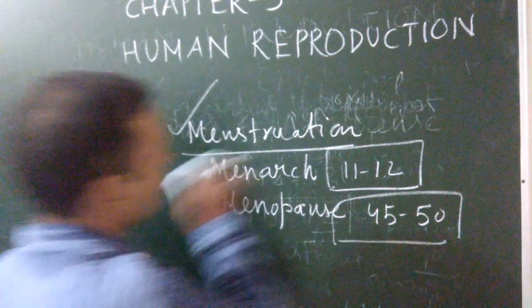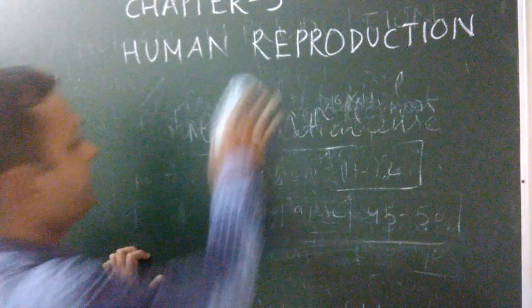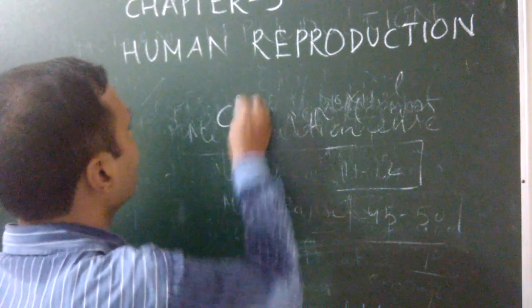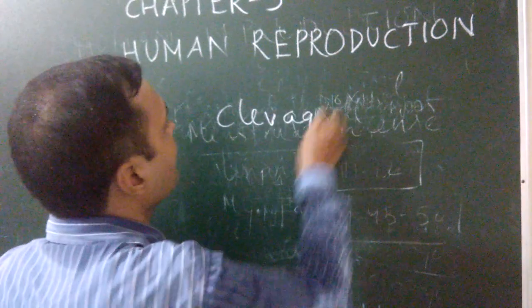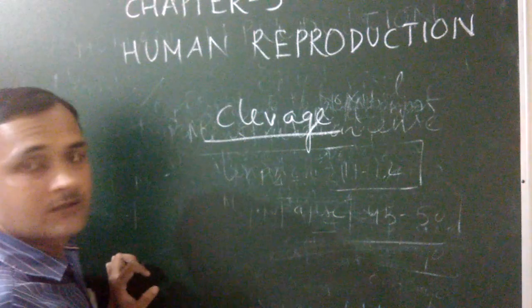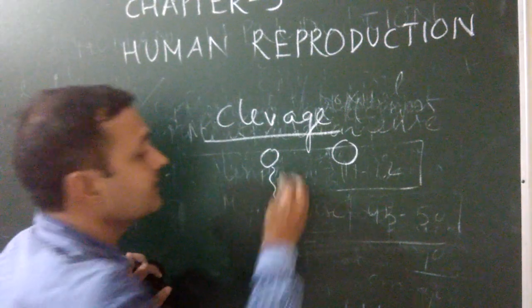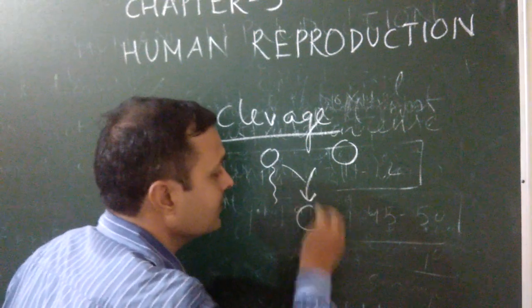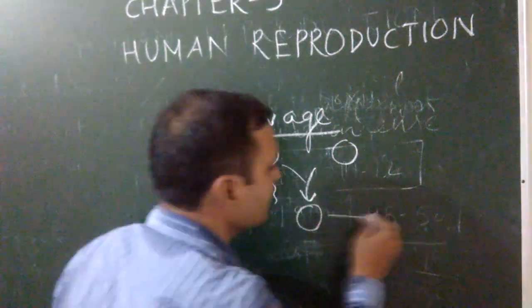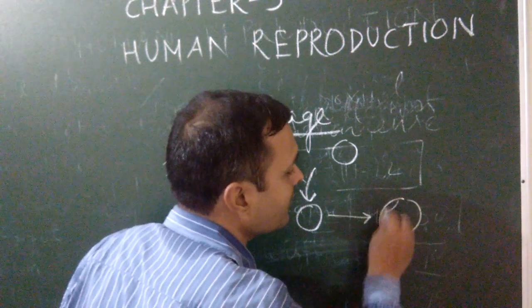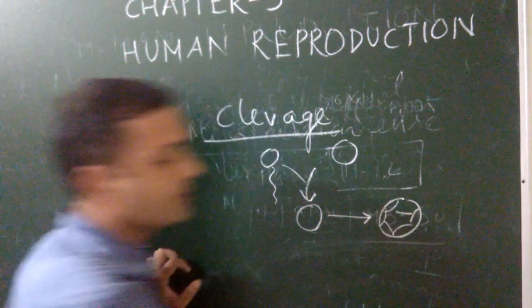What is cleavage? So cleavage, first of all, suppose that this is the sperm, this is the egg. There is formation of zygote, and the zygote further divides multiple times. It forms a multicellular structure, you know, this is the embryo.